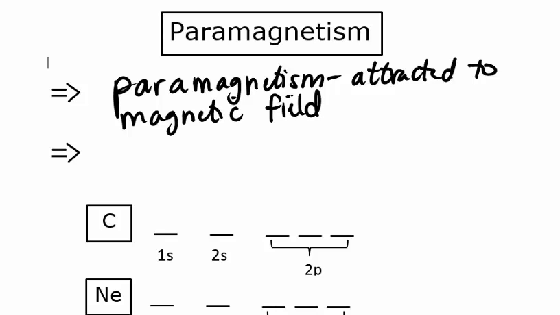So if you put these substances in a magnetic field and they are paramagnetic, they will be attracted to that field. Okay, so that happens for substances with unpaired electrons.